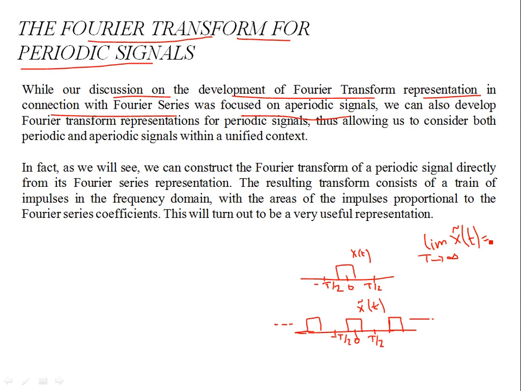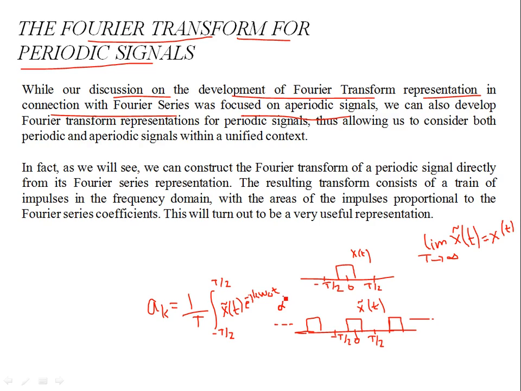Within a period, if you evaluate the Fourier coefficients that represent the strength of the harmonics, for a periodic signal in one period this is 1 over T, and the integration has to be done within one period, say from minus T/2 to plus T/2. You bring x tilde(t) over here, and then you have the exponential e to the minus j k omega naught t, omega naught being the fundamental frequency and k being the harmonic.